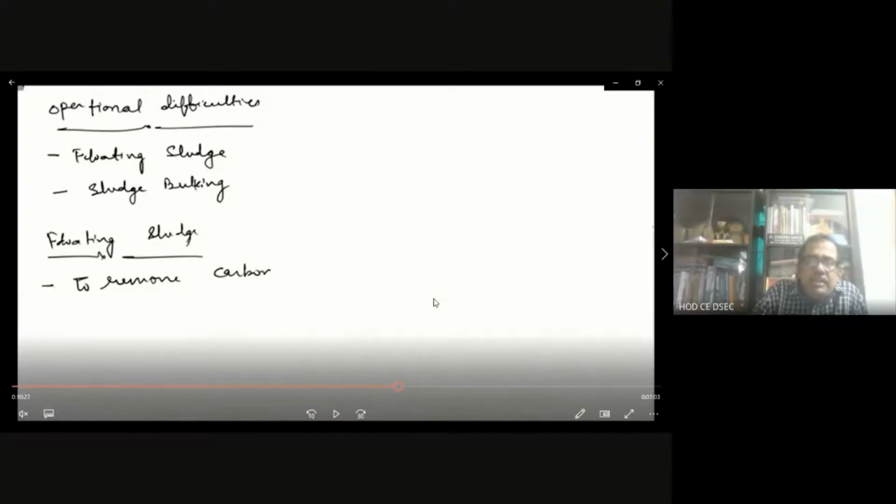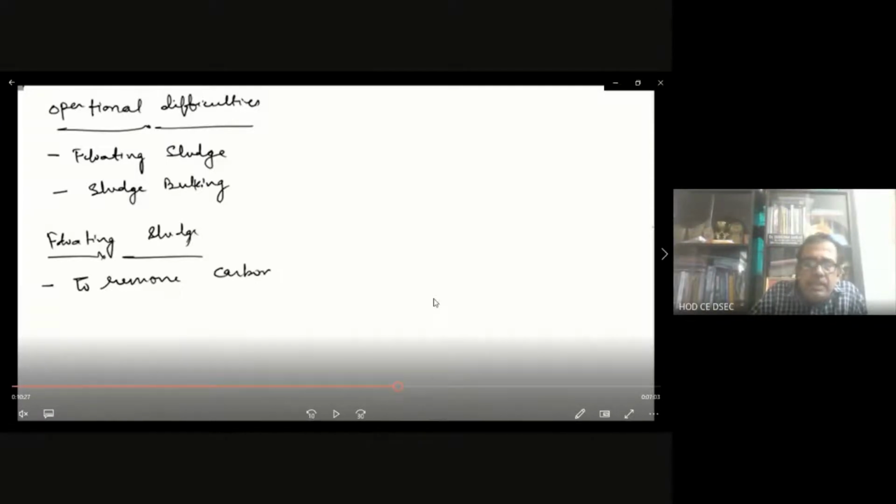So if more oxygen is present in the system, what will happen? With more DO, nitrification and denitrification will be done. What is denitrification? Nitrate to nitrogen is denitrification, and if nitrogen gas is evolved, this nitrogen gas will tend to uplift the sludge to the surface. That is called floating sludge.